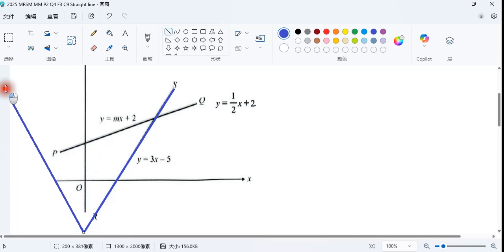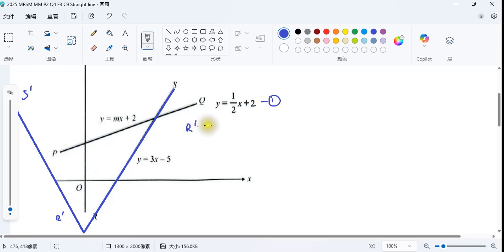So we have S prime and R prime. This is equation 1, and then R prime S prime will be y equals negative 3x minus 5. The gradient of RS is 3, so upward, and the gradient of R prime S prime is negative 3.